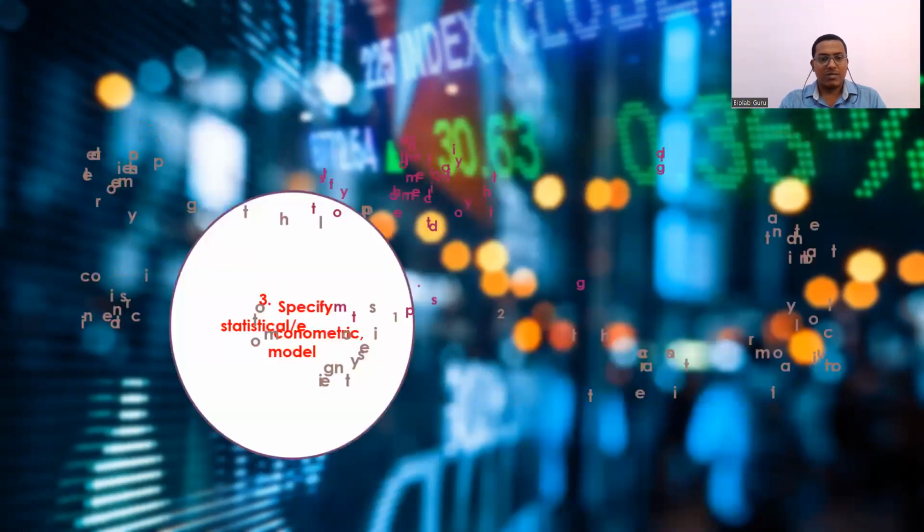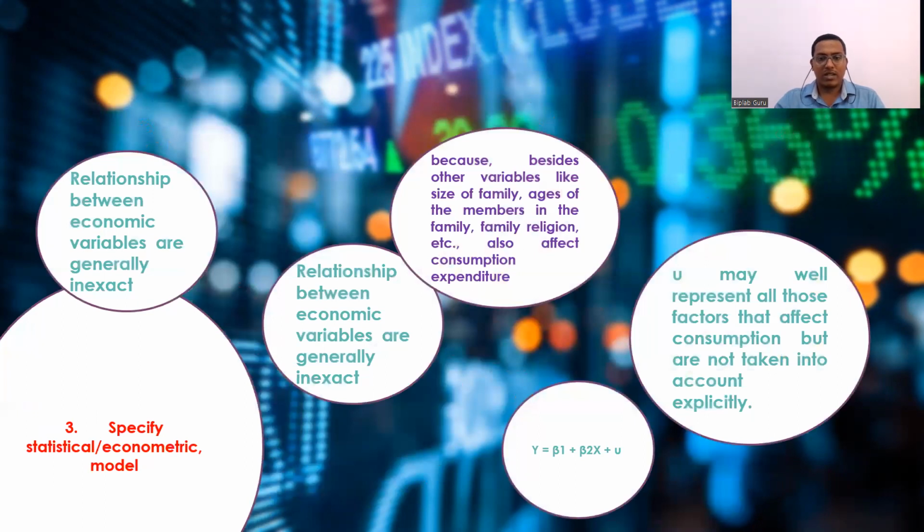The third step is, if there isn't any mathematical model, we can still specify a statistical or econometric model. The difference between the mathematical and econometric model is that mathematical models are always exact. They measure the exact relationship between two variables, whereas in the econometric model we bring in a term U, which stands for the disturbance term.